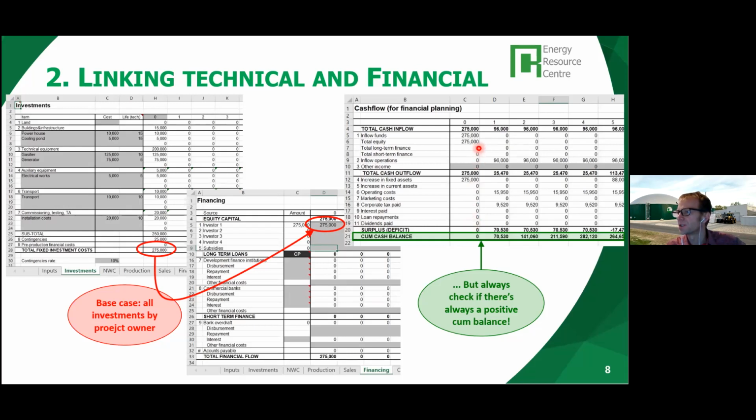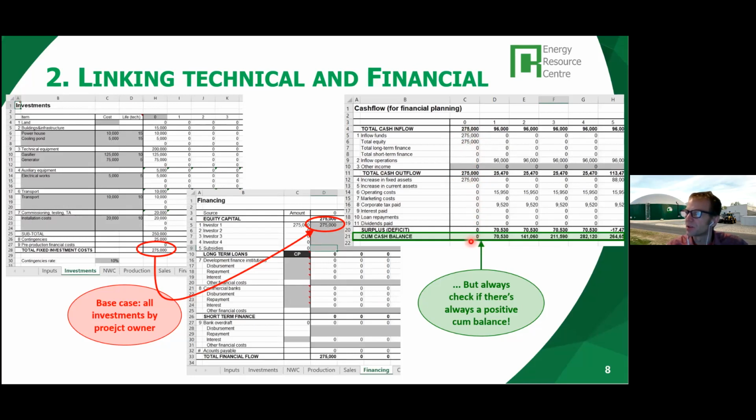And in this case, we see that the total construction cost of 275,000 is completely matched by the investment made by the project owner, so that the total balance in that year comes to 0. So let's say it means that there's just enough financing available for the implementation of the project.